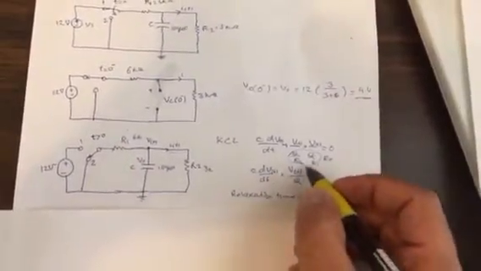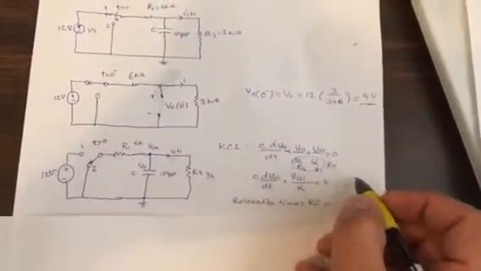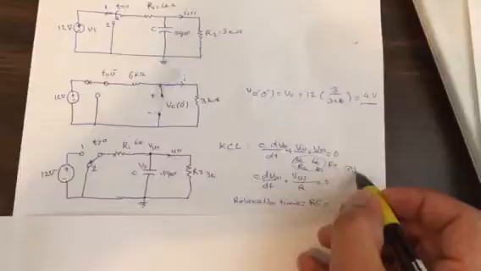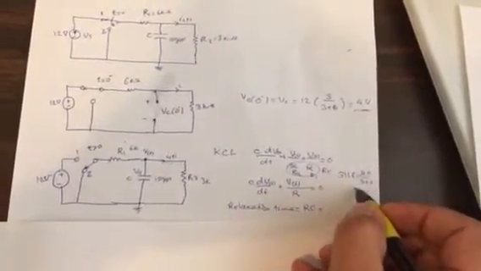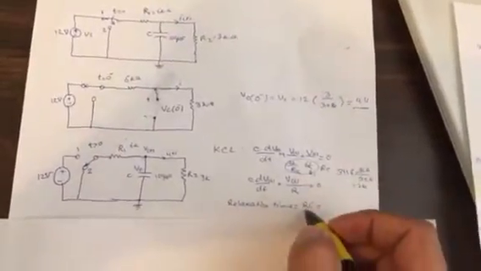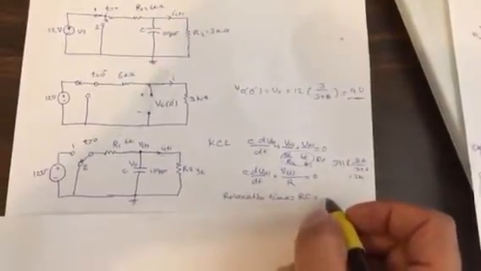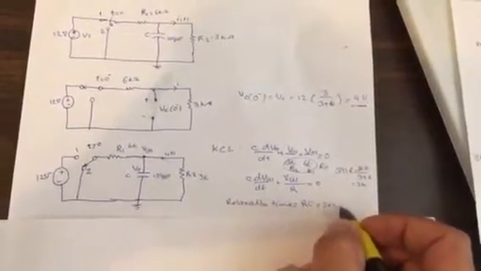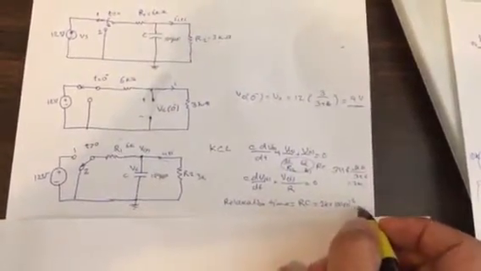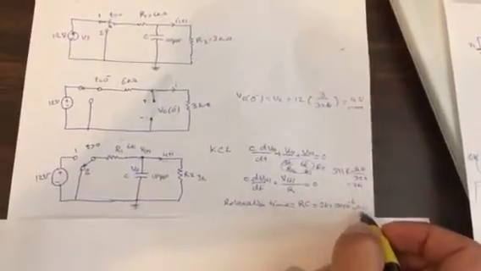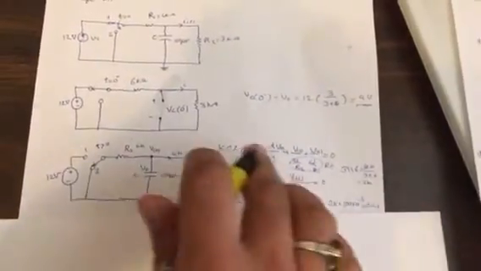To find R, 3 parallel to 6 is 3 times 6 over 3 plus 6, so this is 2K, so my R is 2K, and my C is 100 microfarads. So it is 2K times 100 times 10 to the minus 6, which is 0.2 seconds, because it is time.